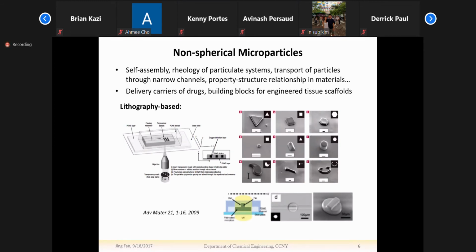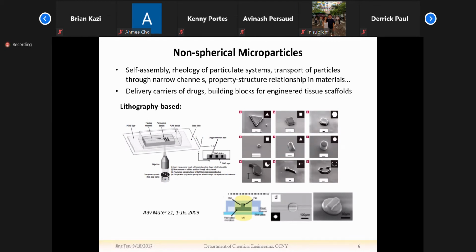The first one is about the fabrication of polyhedral shaped microgel particles. People have been working on fabricating non-spherical shaped microparticles for a lot of different applications. For example, we may use them to study self-assembly problems, to study the rheology of particulate systems.